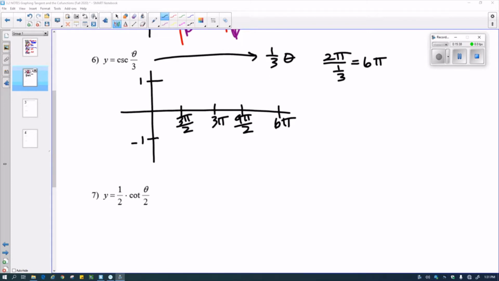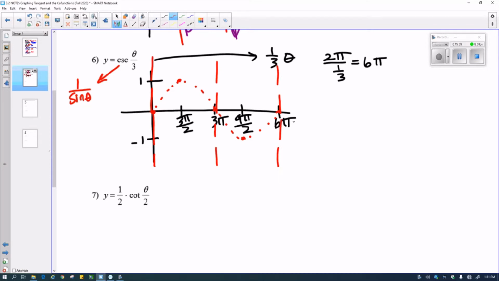Remember that the cosecant is 1 over the sine, so I need to graph the sine to get my asymptotes. So I'll sketch that sine. Where it hits the x-axis, the theta axis, where it crosses that middle axis, that's where my asymptotes are.